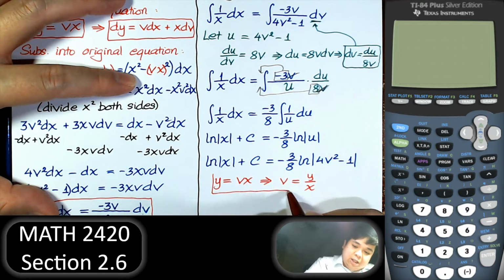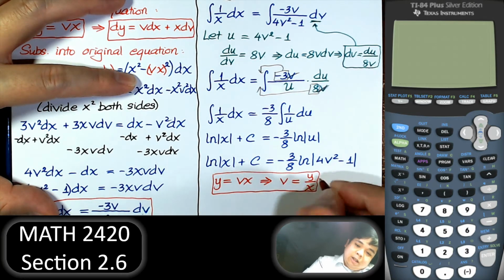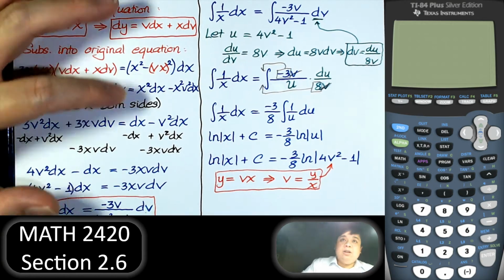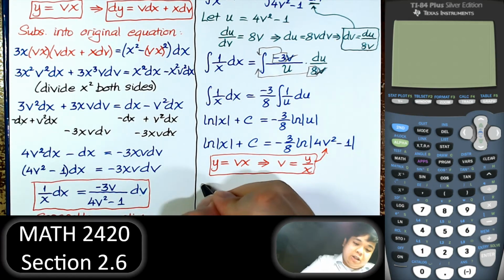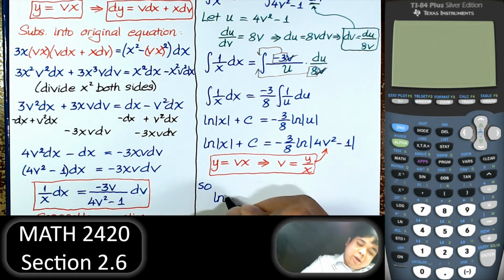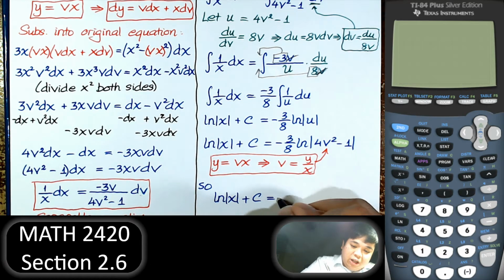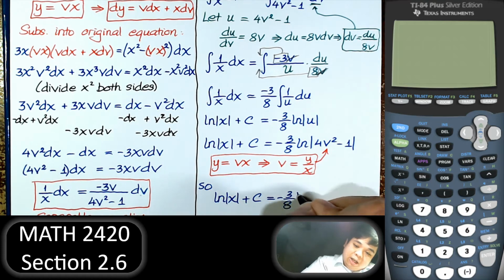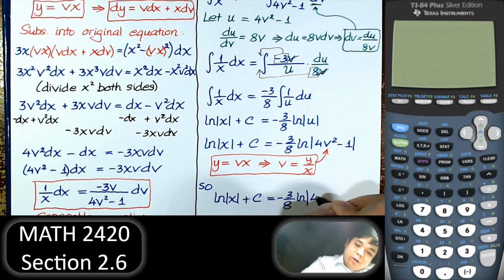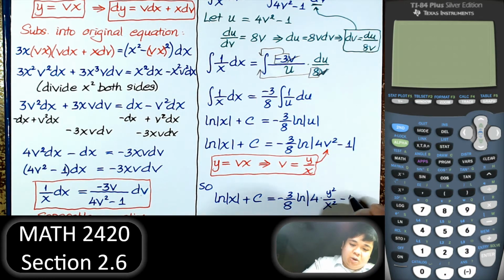We use that and substitute in here. So the solution is ln absolute value of x plus c equals negative 3 over 8 ln of 4 times v squared, which is y squared over x squared, minus 1.